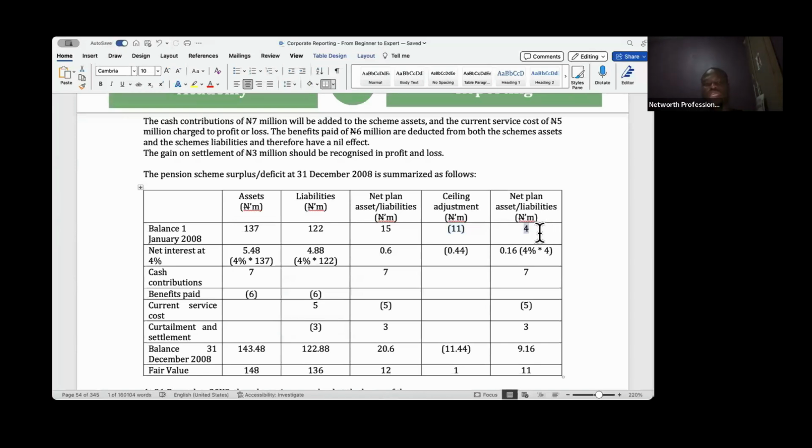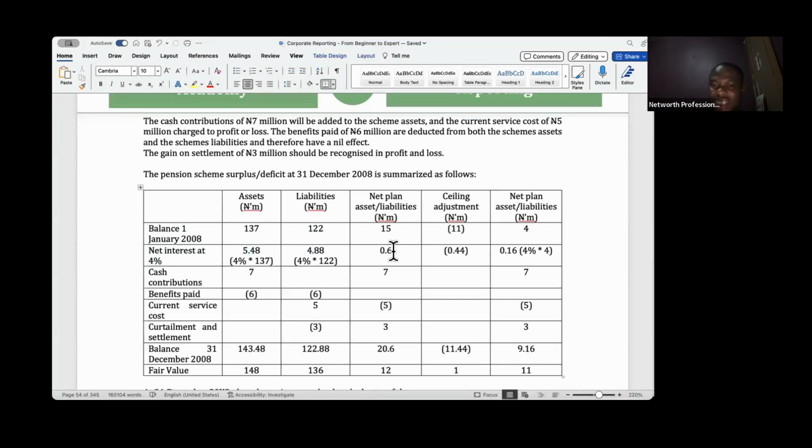However, immediately you get your opening figures, you need to always quickly do your net interest so that you won't forget, which is 4% of this. 4% of this gives me this. All I need is the net of 0.6.